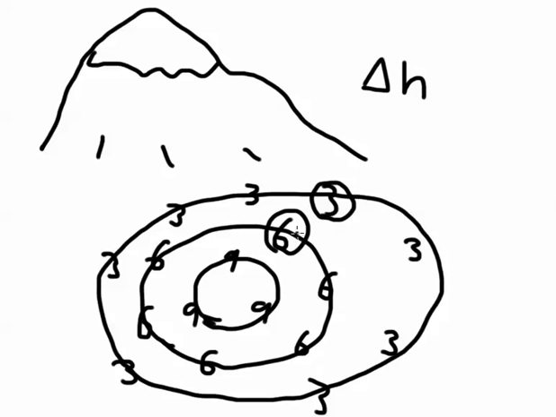And the horizontal distance between these 2 points we'll call delta X. So if these points are here and here on the mountain, then this is delta H and this is delta X.